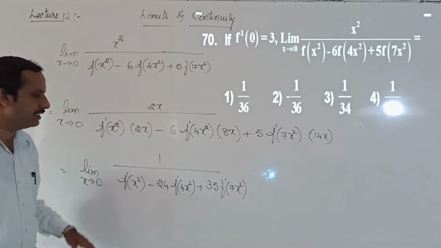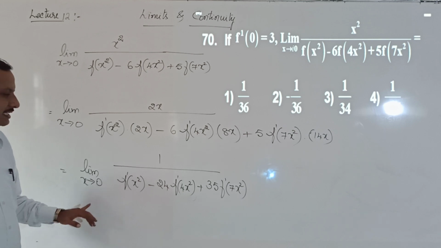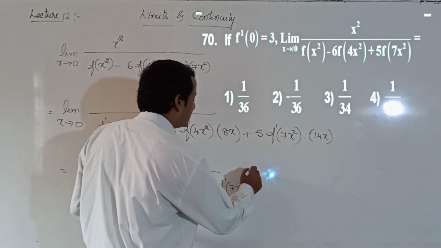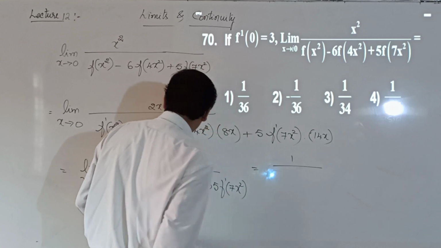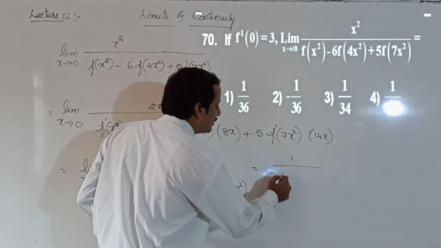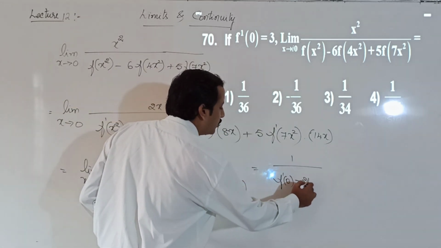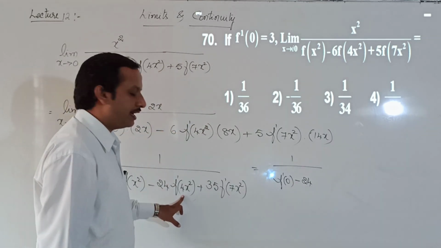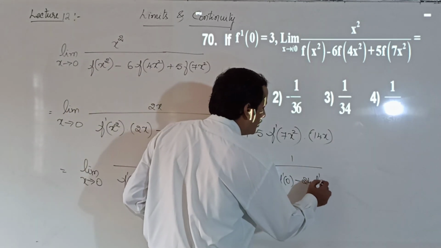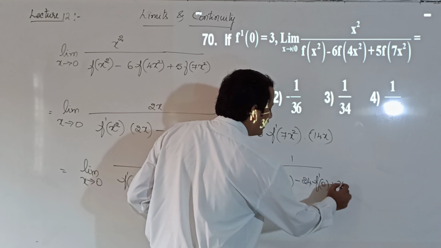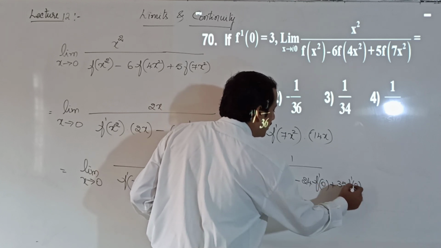Okay, now we are left with this. Now you apply the limit as x tends to 0. So when I apply the limit as x tends to 0, we'll have 1 by f dash of 0 minus 24 into f dash of 0 plus 35 into f dash of 0. I am putting x as 0.